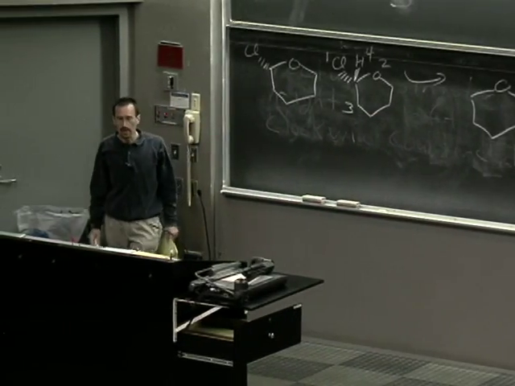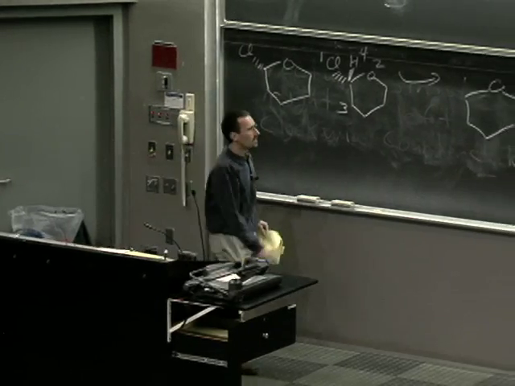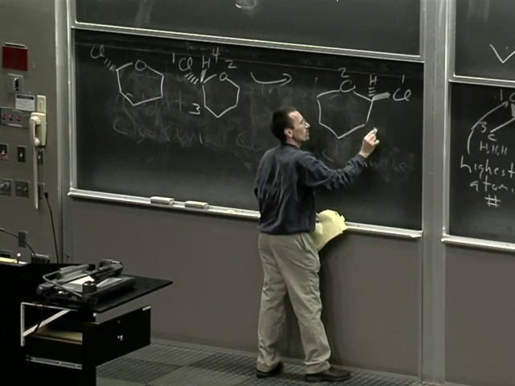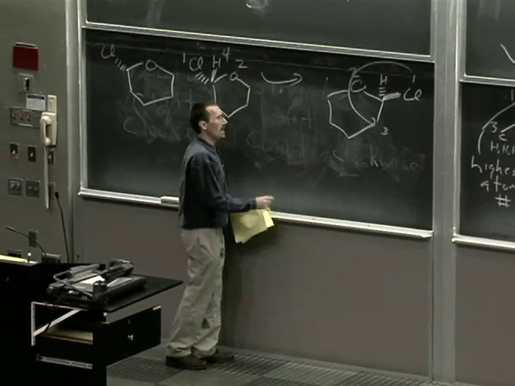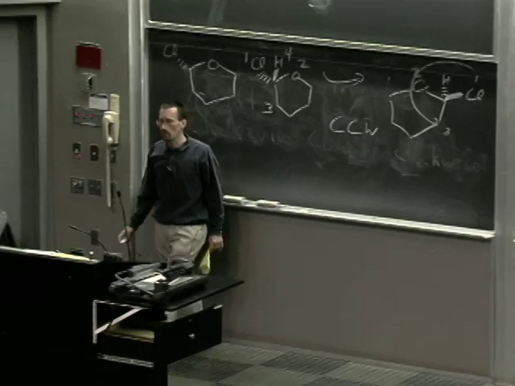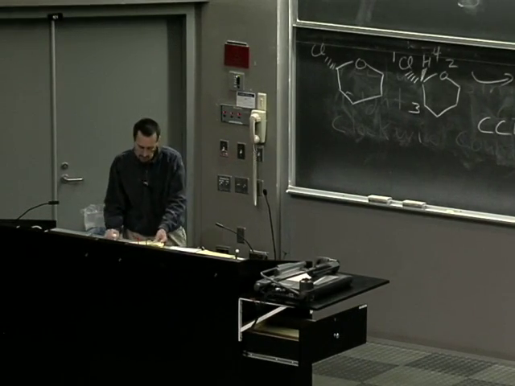We're sighting down the bond to the lowest priority substituent. And we can go 1, 2, 3, and say this is counterclockwise. And this molecule is therefore S-2-chloro-tetrahydropyran.